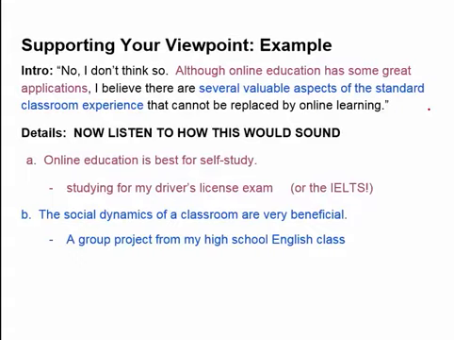For example, I really think the social dynamics of a classroom are so beneficial for students. I had a group project in my high school class, I remember, where I worked with several classmates and we helped each other to really complete a great English project in my senior year. I'm proud of that essay that we wrote together, and I think it would not have been possible without the team motivation that we had.